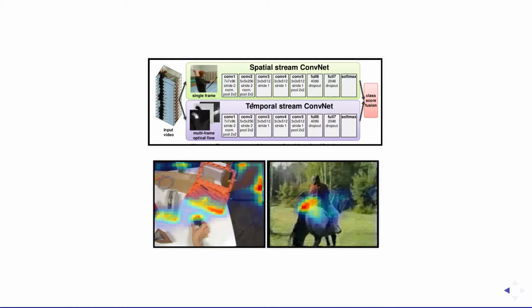Previous results have shown that the temporal stream is much better at recognising actions than the spatial stream alone, but combined they perform better than on their own. Down here I've got some results of using excitation backprop for the spatial network for Bioid.